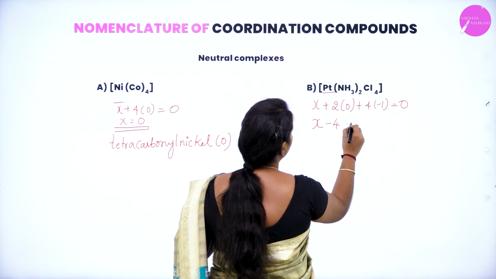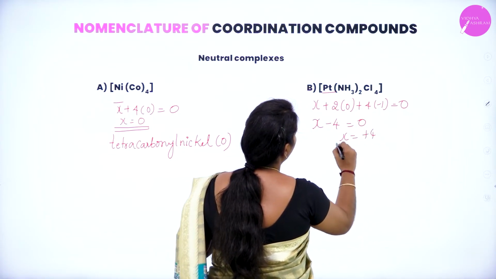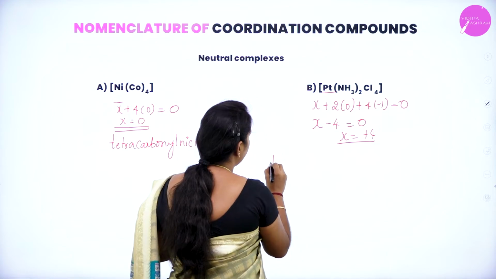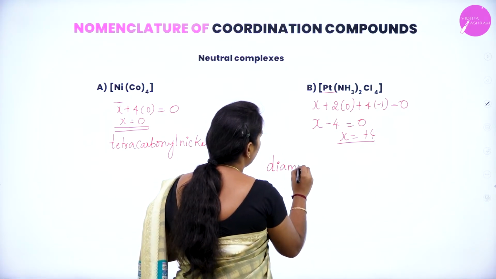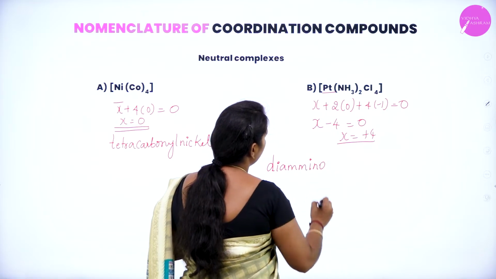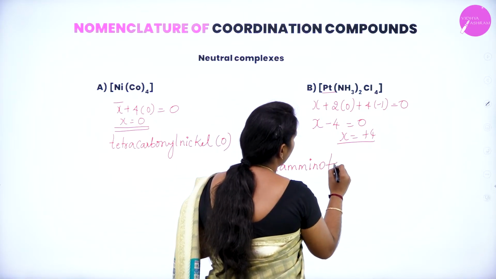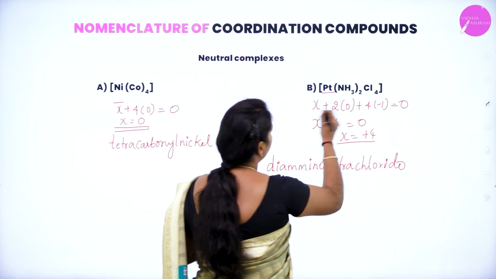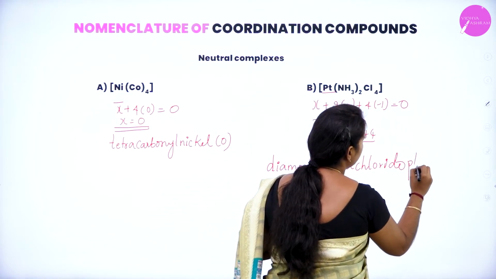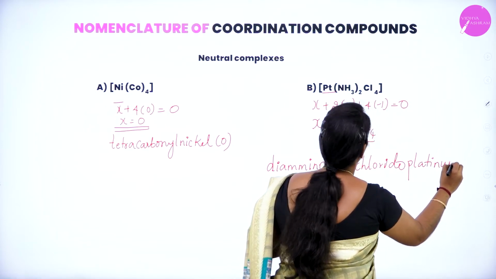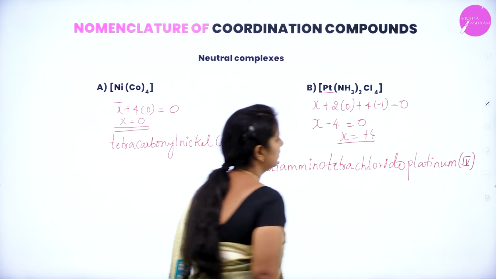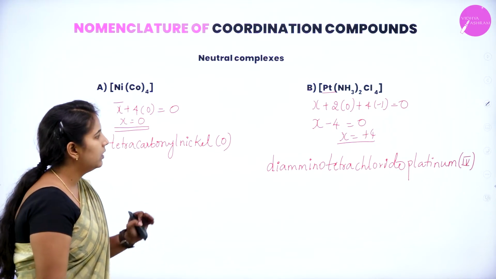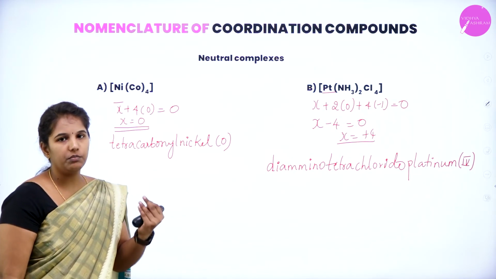X minus 4 is equal to 0, and X is equal to +4. Okay. And how to name this? It is named as diammine tetrachlorido platinum 4. Diammine tetrachlorido platinum 4. Okay, this is how we name the neutral complexes.